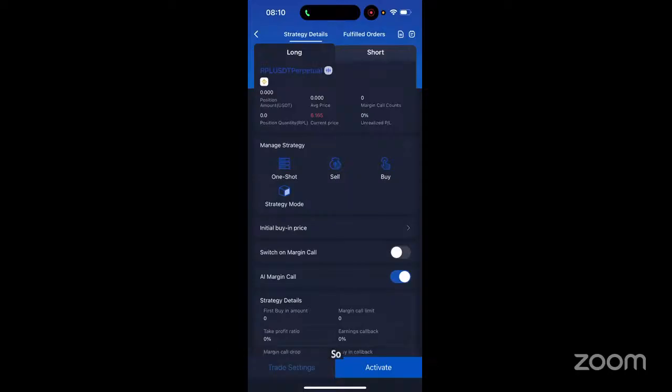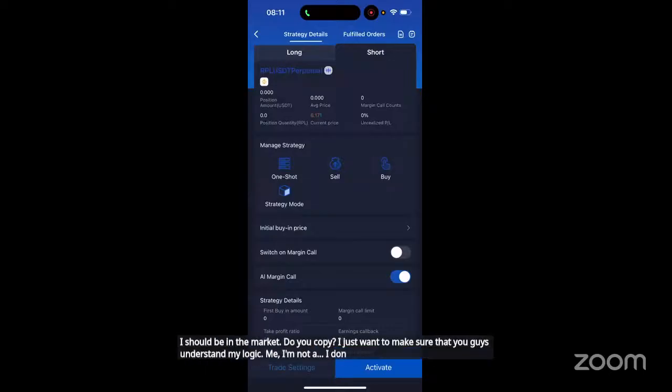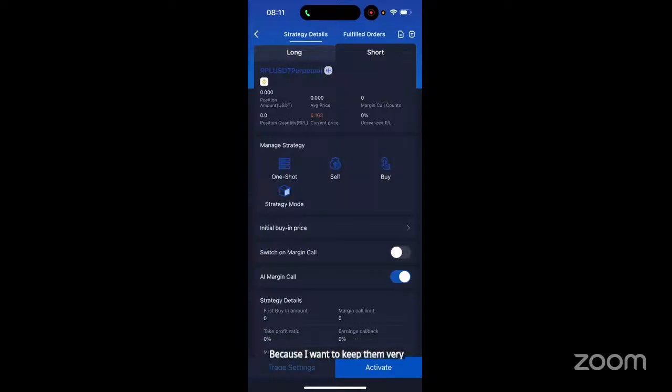So I'm preparing that when this coin starts going down, let me profit. Do you copy? The coin is going up. I'm trading it the other side of the spot. But I want to prepare that when this coin starts going down, I should be in the market. Do you copy? I just want to make sure that you guys understand my logic. I don't want to overthink these things because I want to keep them very simple and precise for everybody.